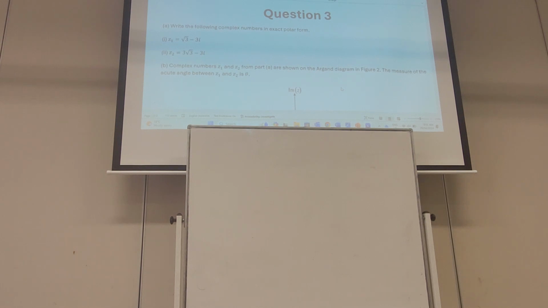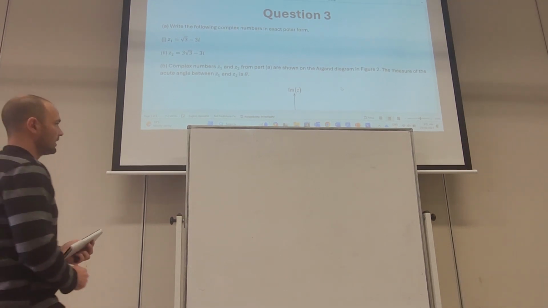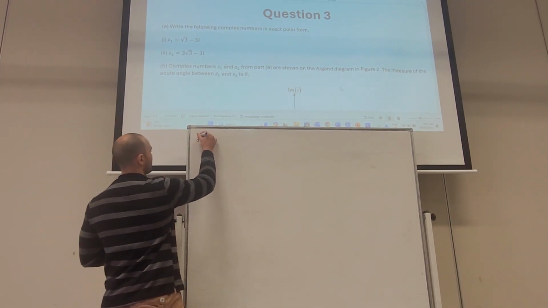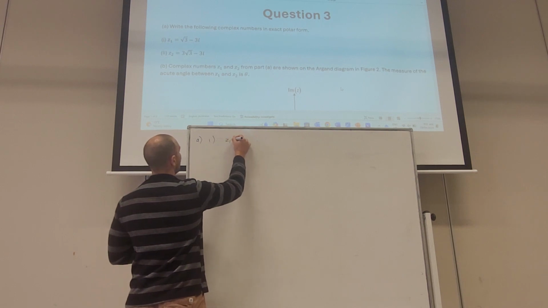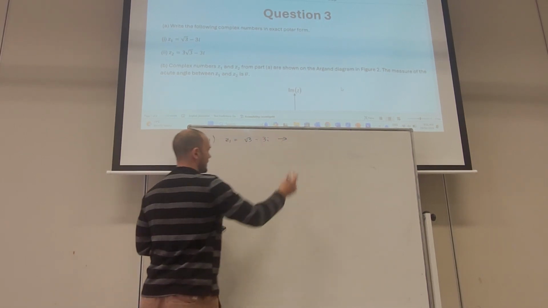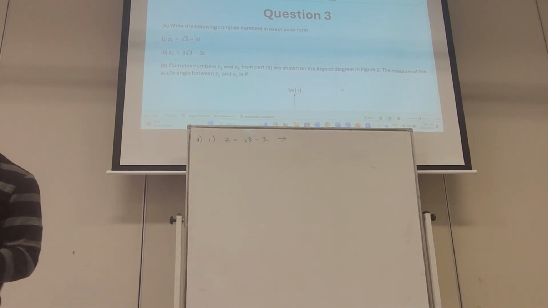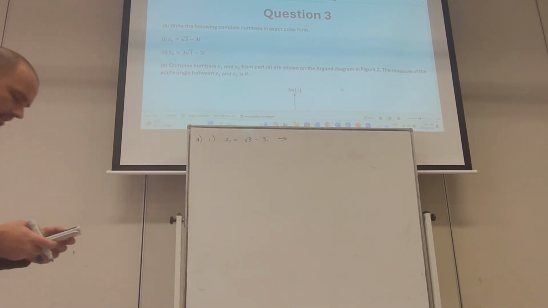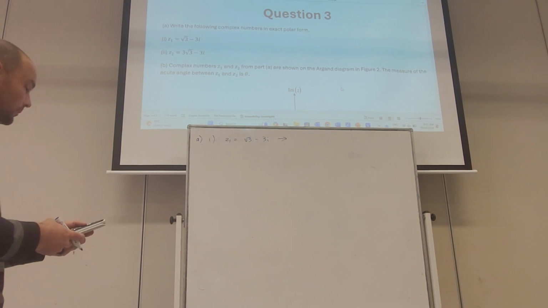So for this question, we're asked to write the following complex numbers in exact polar form. The first thing we're just going to do is use our calculator. For part A1, we've got Z1 is root 3 take 3i, and we're just going to convert that to polar form using our calculator. I did this earlier this morning.